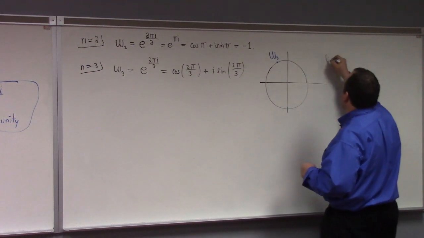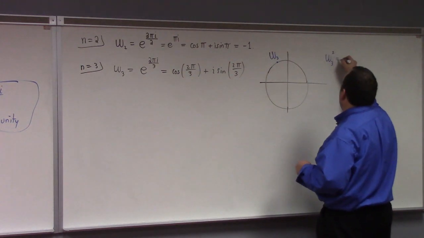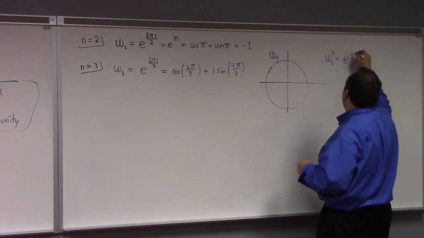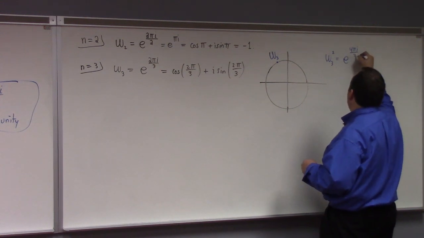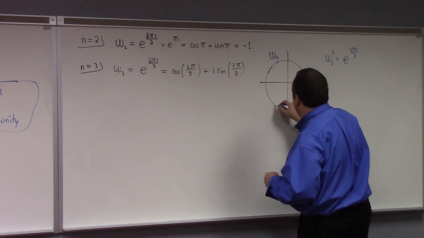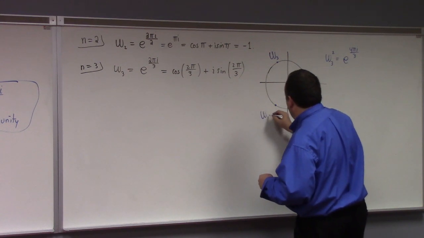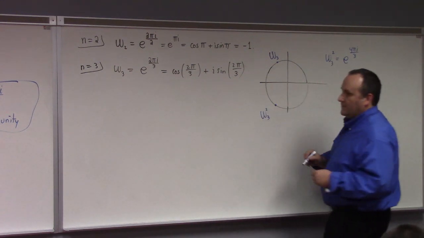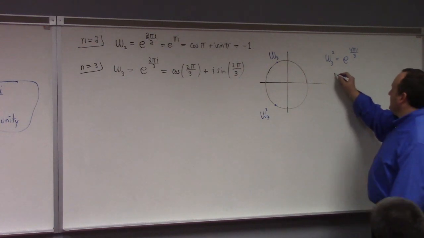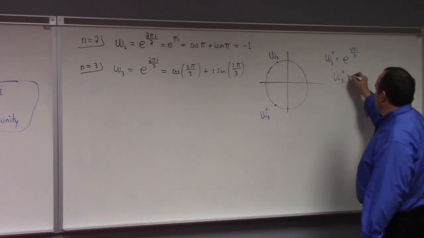What happens when we calculate omega 3 squared? We get e to the 4 pi i over 3, which is down here. And what happens when we calculate omega 3 cubed?